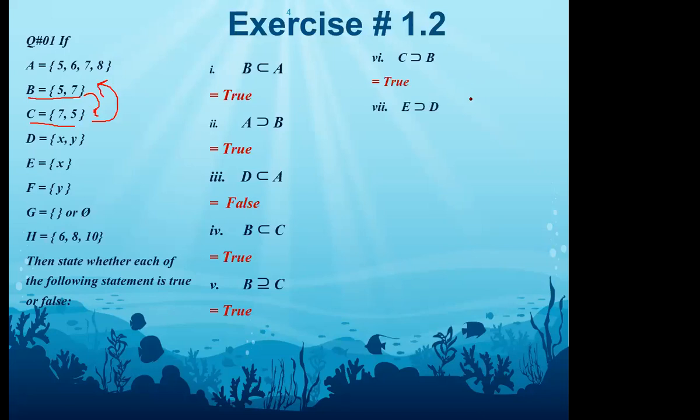Now next is E is the superset of D. Now look here. Here you have E, and E is the superset of D. Hamza, very good. As you can see, one element is missing here.